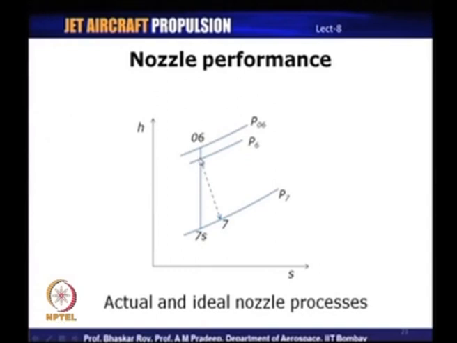If the process were isentropic, then it would expand from 6 all the way to 7s. Since the process is non-isentropic, expansion goes only up to 7. So, the efficiency is defined as H06 minus H7 divided by H06 minus H7s. This defines the nozzle efficiency.